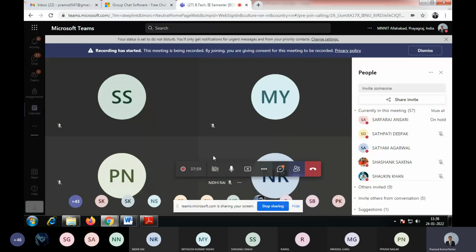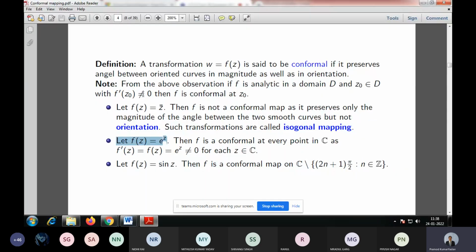If analytic and its derivative will never be 0, f dash z equals e to the power z. So again note this one. The mapping w equal to e to the power z will always be conformal. Why? Because f is analytic at every point in C, as f dash z equals e to the power z, which will never be 0 for each value of z.